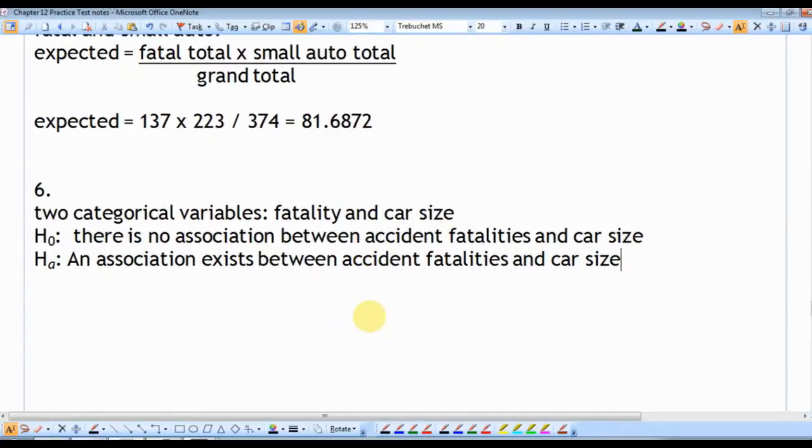And this is always what we're doing when we're looking at two categorical variables. We're just seeing if there is an association between them, or is there not an association between them. It may not be a cause and effect relationship.